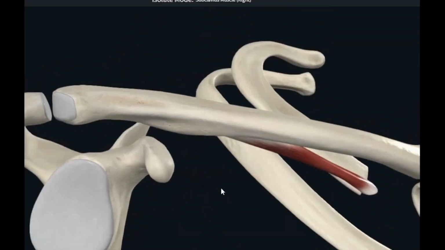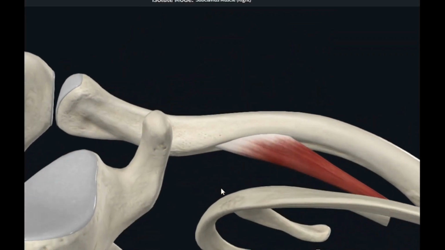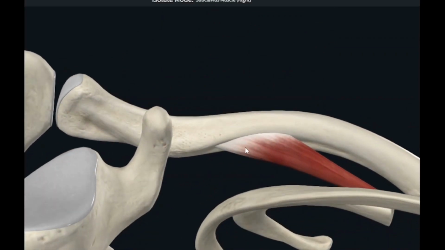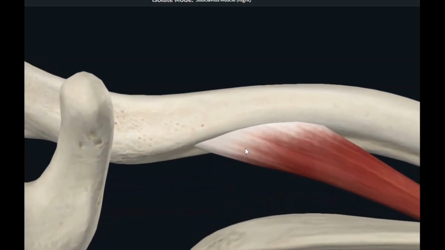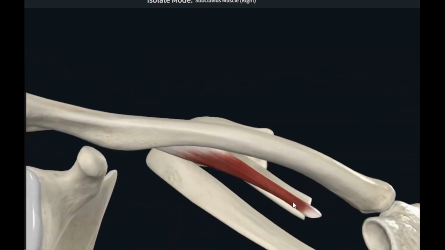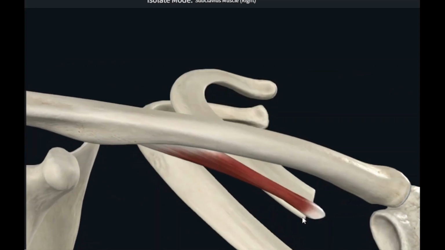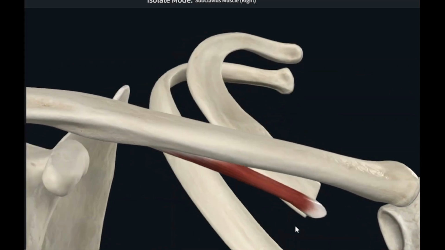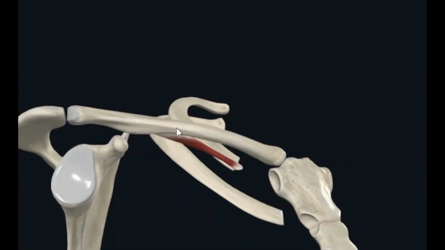Subclavius muscle inserts on the inferior surface of clavicle, and specifically on the subclavian groove of clavicle, while it takes its origin from the costal end of first rib and adjacent first costal cartilage. The subclavius muscle helps stabilize and control the mobility of the clavicle during movements of the pectoral girdle, especially during elevation.